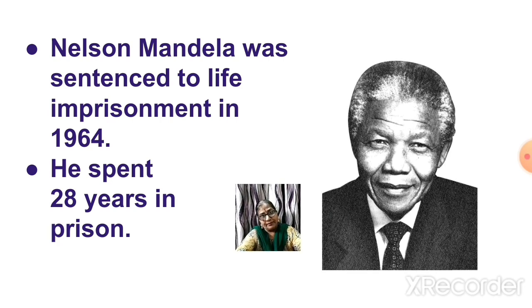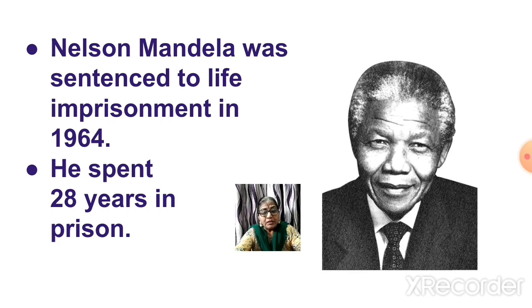Nelson Mandela, along with his 7 other leaders, were sentenced to lifetime imprisonment. That was in the year 1964 for daring to oppose the apartheid regime in their own country.